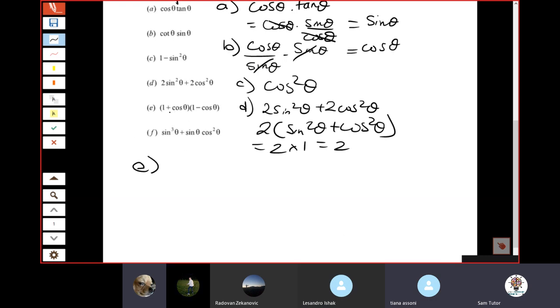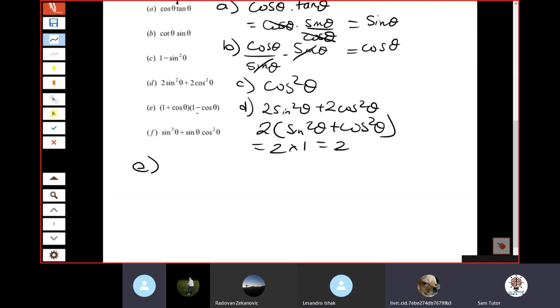E. Again, let's say, Lisa, what would you naturally do with a question like this if you see two brackets? What is your head telling you to do? Difference of two squares. It is actually a difference of two squares. Good job. If it wasn't a difference of two squares, what's the word I was looking for? Starts with E. Expand. But you even realize it's a difference of two squares.